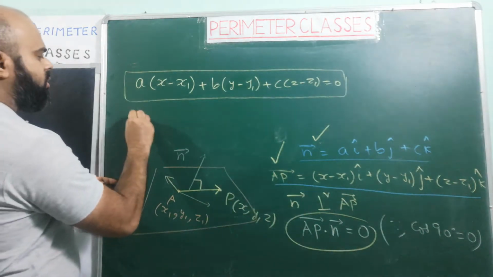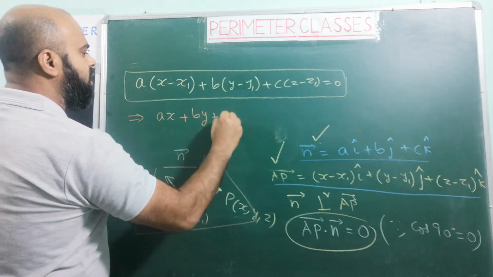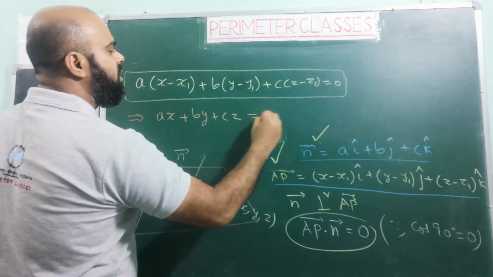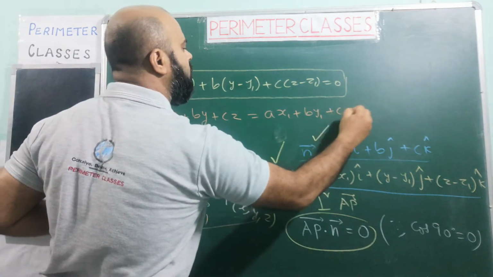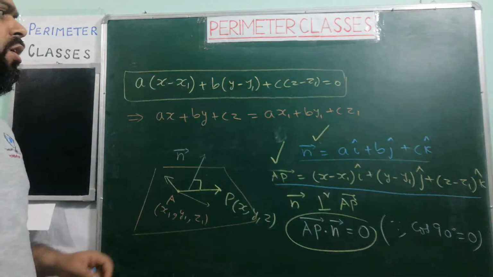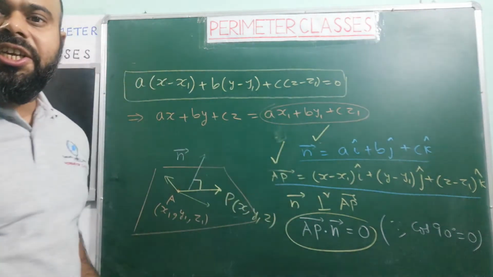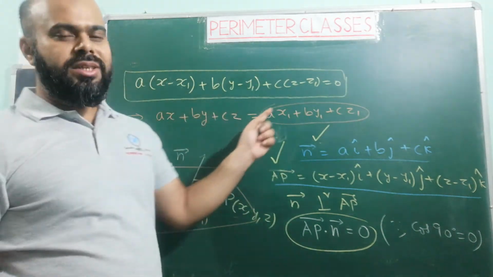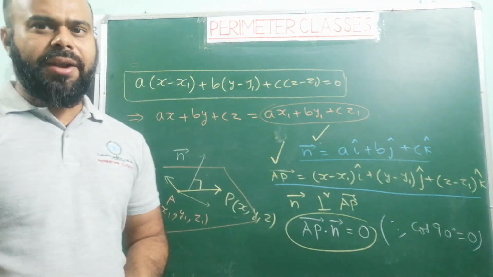We can also simplify it as Ax plus By plus Cz equal to Ax1 plus By1 plus Cz1. This can be considered as a constant, suppose some constant D. So Ax plus By plus Cz is equal to D, which is the general equation of a plane.